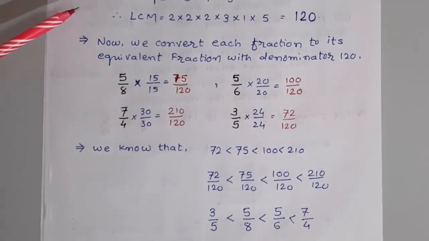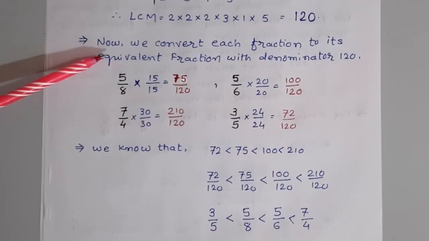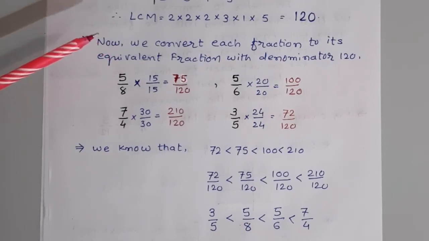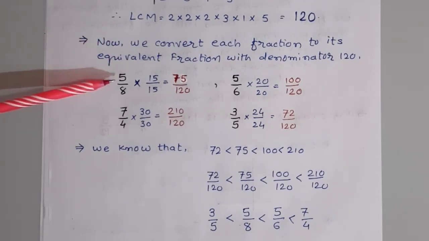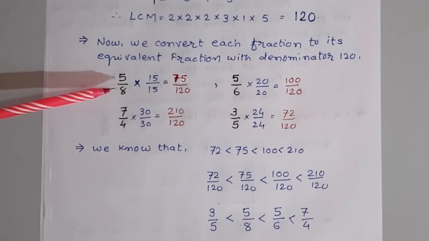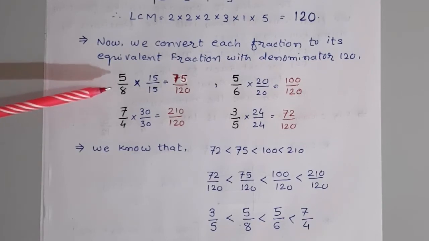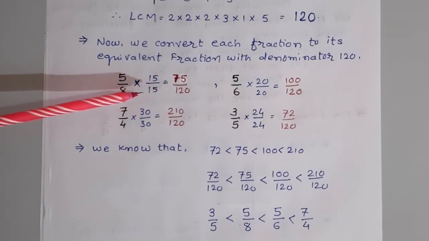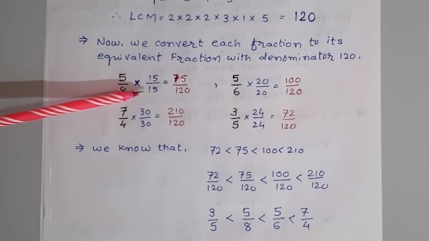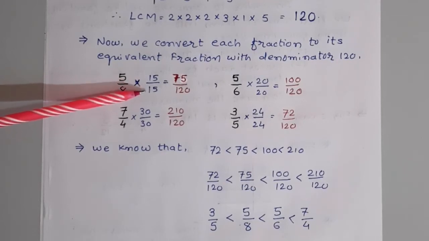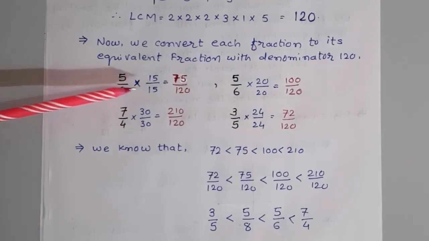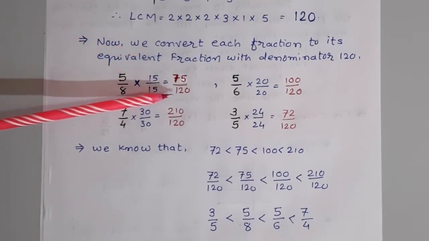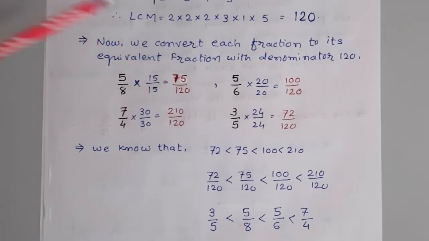After getting the LCM, now we convert each fraction to its equivalent fraction with denominator 120. So we have 5 upon 8. Now if we want to convert 8 into 120, we have to multiply 8 by 15, so 5 15s are 75, 8 15s are 120.